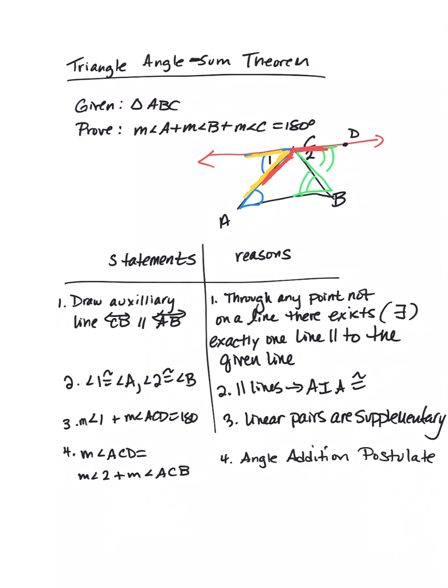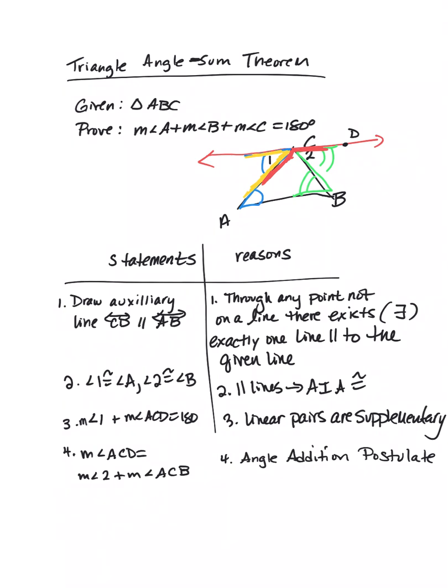Then, what we can say now is we already know that we have this measure of ACD. Well, this angle, ACD, plus angle 1, we said that that equaled 180. But then we know that angle ACD is equal to the measure of angle 2 and the measure of angle ACB.